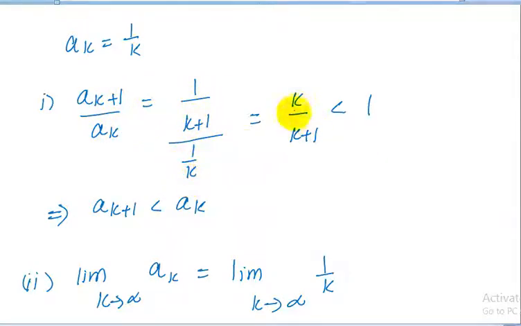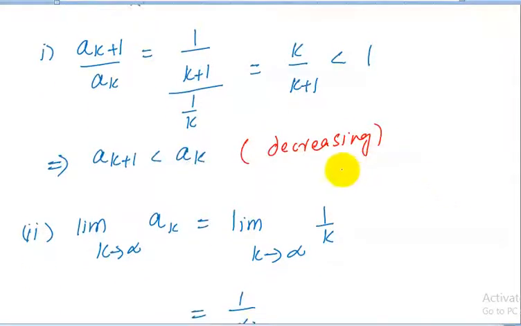Clearly the denominator is greater than the numerator, so this is less than 1. So ak plus 1 is less than ak, and this series is decreasing. So the first condition of the alternating series test is satisfied.